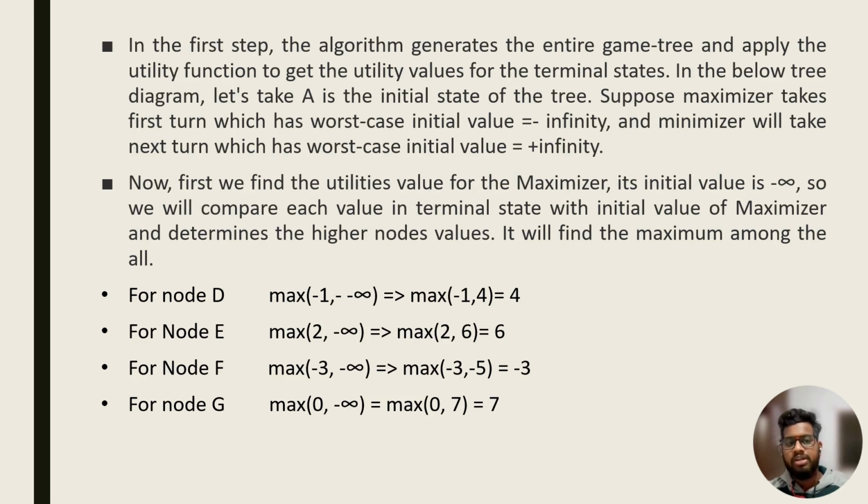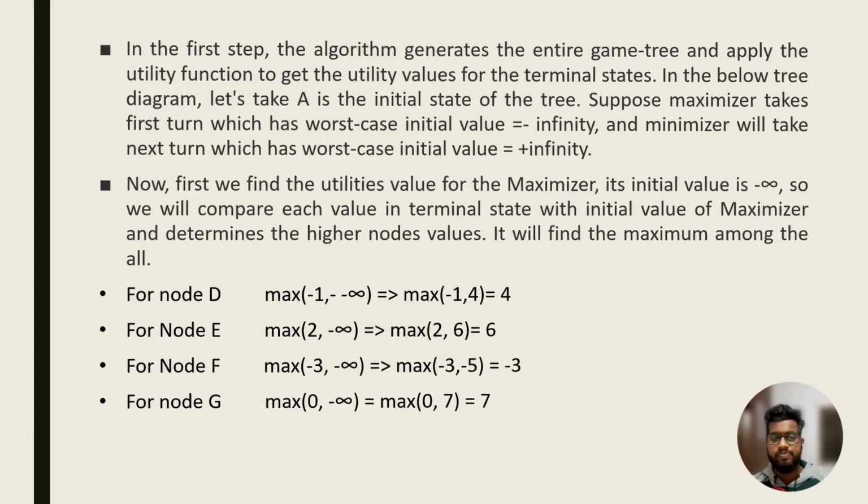So, we will compare each value in the terminal state with the value of maximizer and determine the higher node value. It will find the maximum among all. So, for node D, max of minus 1 and minus infinity, and max of minus 1 and 4, that is 4. Max of 2 and minus infinity, 2 and 6, is 6, and respectively, we obtain the following values.